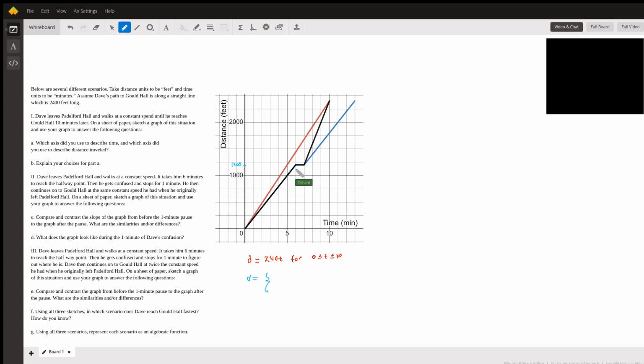So he's going to be moving at 200t. And this is 0 less than or equal to t less than or equal to 6. And then he's going nowhere here. He's staying at 1,200 from 6 to 7.